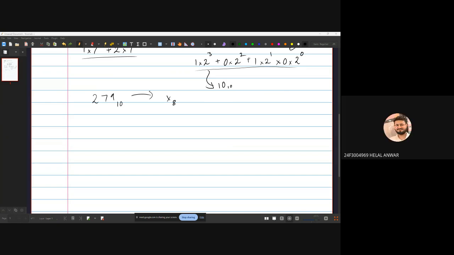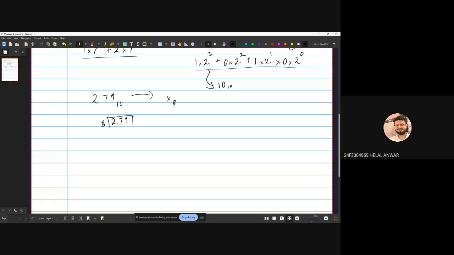Okay, divide it by 8, I think so. Right. So what should we divide this by? 8. Right. So we can try dividing this by 8. If we divide this by 8, then what do we get?